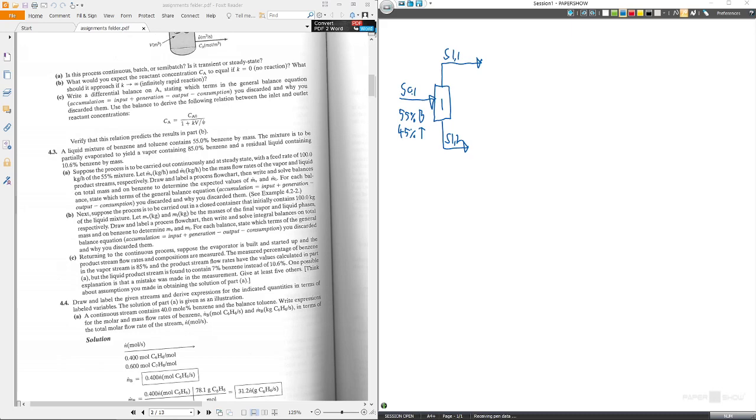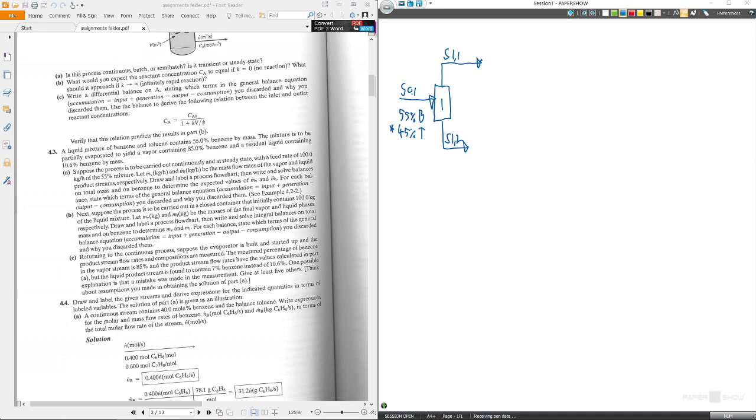What else are we being told? Our vapor phase, S11, we're told that it contains... no, we're not allowed to calculate. I'll make a small star and say that one we're not going to touch right now. I just want to get the information so I don't forget it.